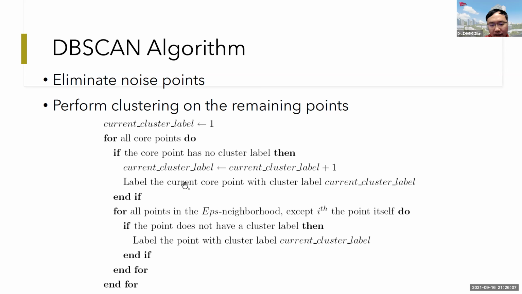End if. Then for all points in the epsilon neighborhood, except the ith point itself, we do the following. If the point does not have a cluster label, then we label the point with the current cluster label.